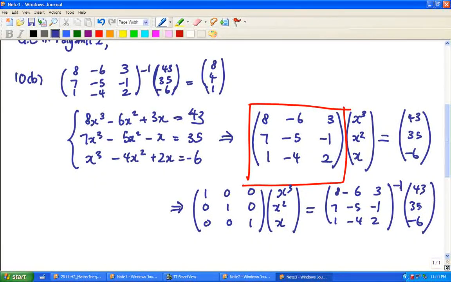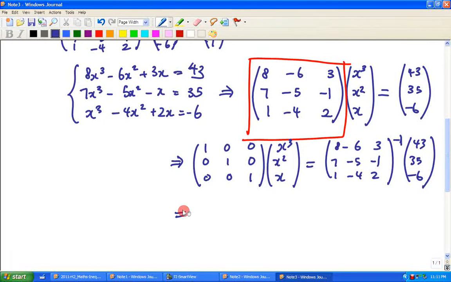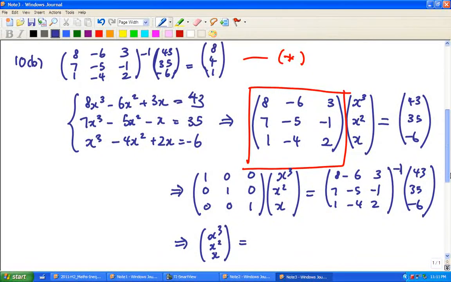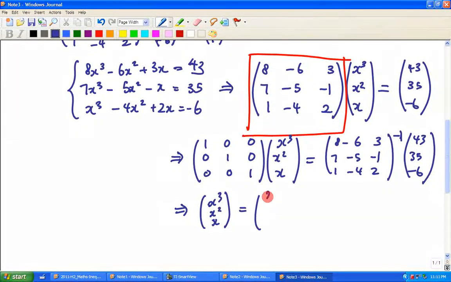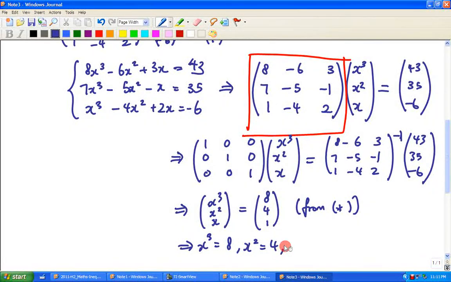Now from the equation star here, this column vector of x cubed, x squared, and x has to equal 8, 4, 1, and we are obtaining this from star. So this will tell us x cubed equals 8, x squared equals 4, x equals 1.